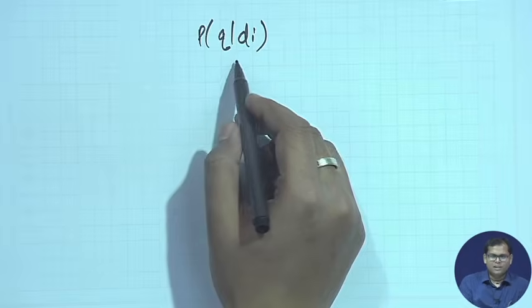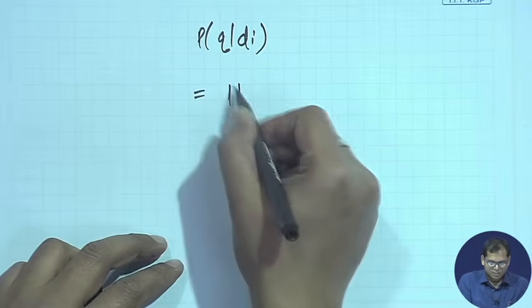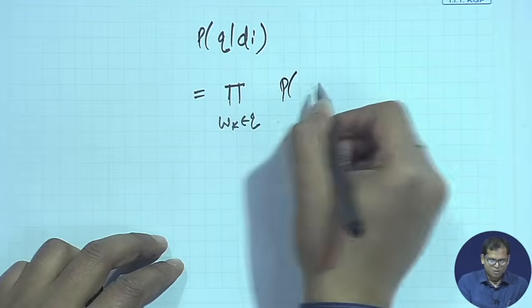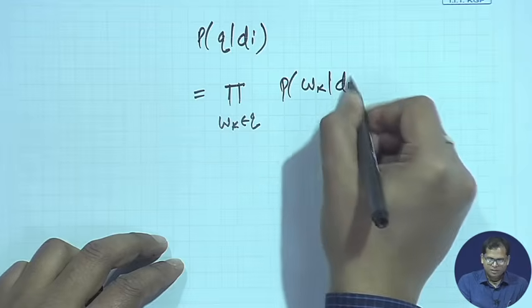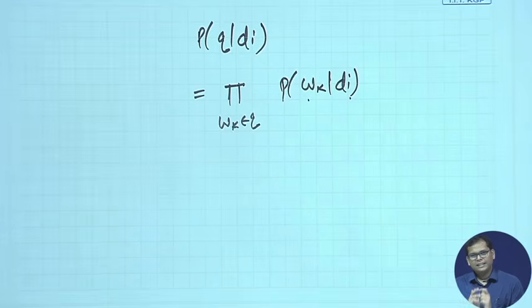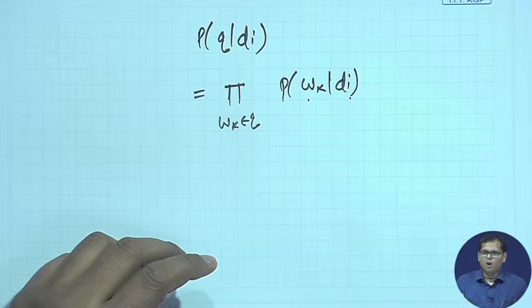Now, a query is nothing but a set of words. So, if you take it simply, this will be a multiplication over all the words in my query, probability of wk given di. Now, how do I compute the probability of a word given di? There I am using the LDA model, so I will marginalize it over all the topics.